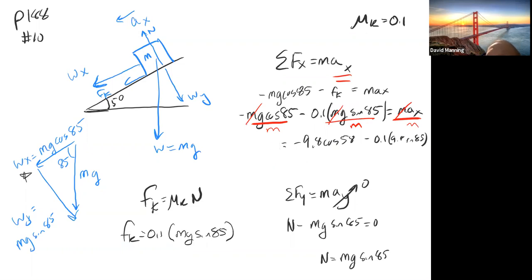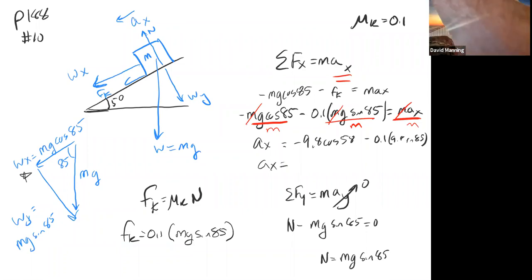I put the g in the wrong spot. Sorry. So ax equals, and I made that 58 for some unknown reason.